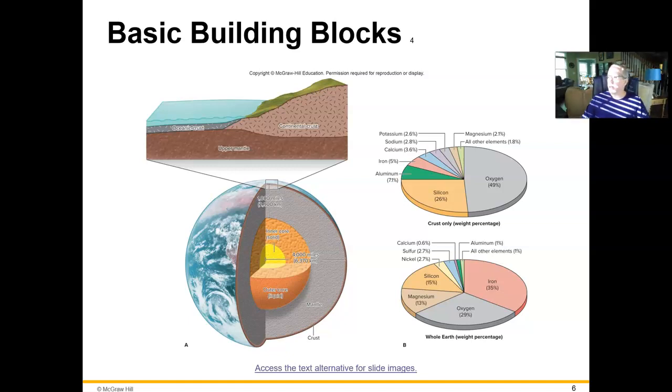So for all intents and purposes, what we deal with is the crust. Now, as you're going to learn in this chapter, the core and the mantle have large roles to play in how this planet has evolved and what it is today. And it still is active. Even volcanic activity and plate tectonics depend on what's happening in that core.